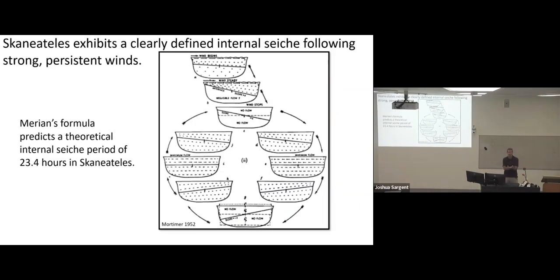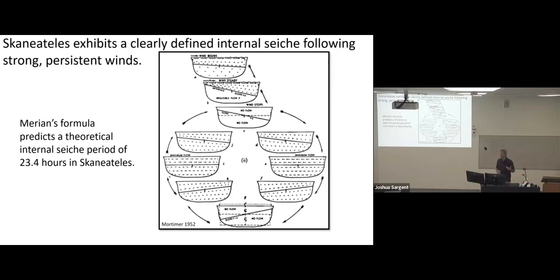So first, if you're not familiar with an internal seiche: the surface waters might be perfectly calm, but you get distinct layers in the water column, epilimnion and hypolimnion, separated by the thermocline. If you get strong, persistent winds in one direction, you can have a buildup of epilimnetic waters on one end of the lake, which forces the hypolimnetic waters to shift to the other end.